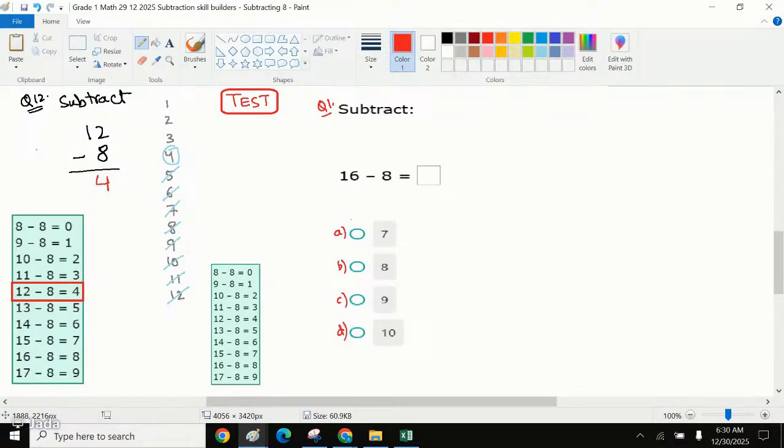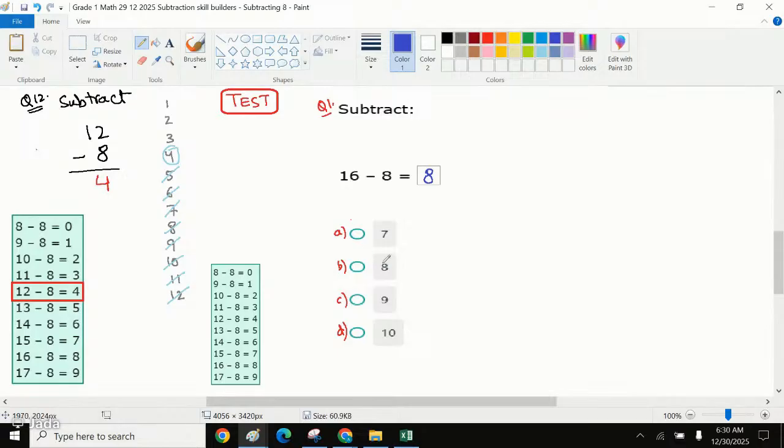So what should be the correct answer? When we look at the grid, we know that 16 minus 8 would be equal to 8, right?